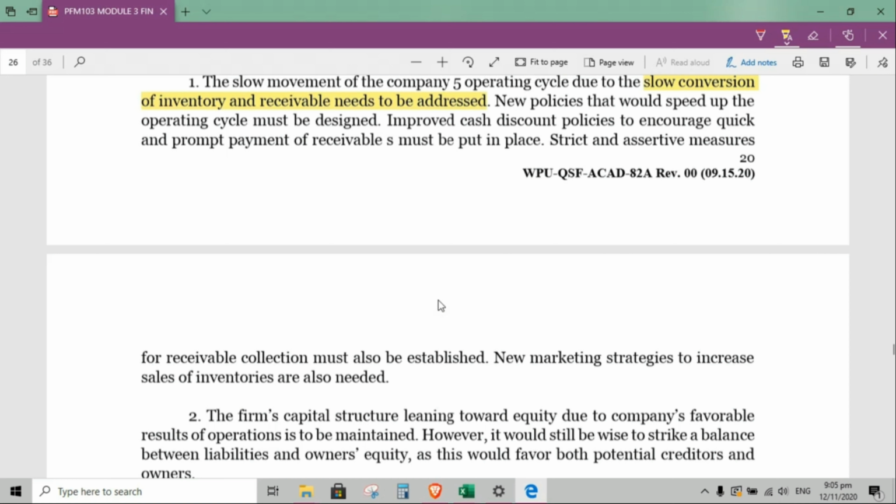Or like strategies wherein meron tayong paraan kung paano sila ma-remind sa kanilang utang. Pwede gumamit ng tele-collectors, mga ganun. And of course, new marketing strategies to increase sales of inventories are also needed.